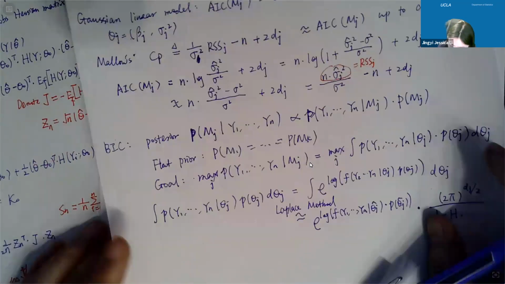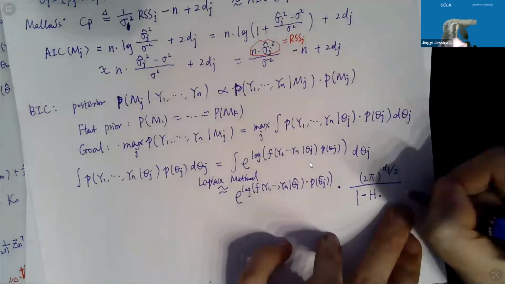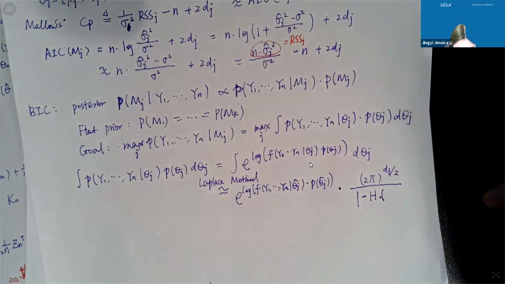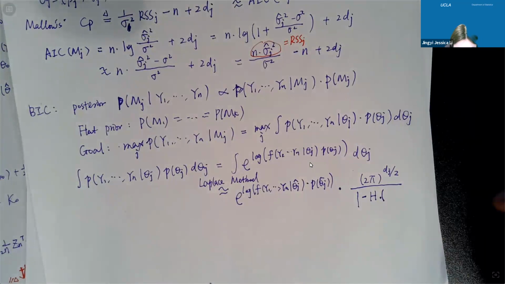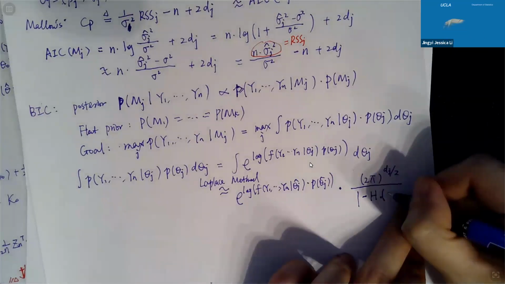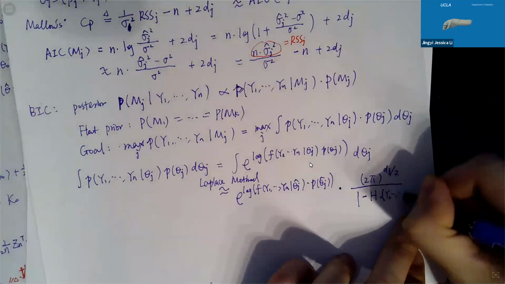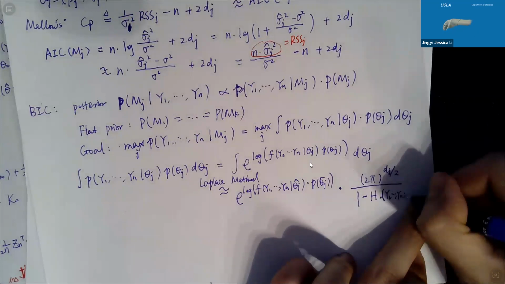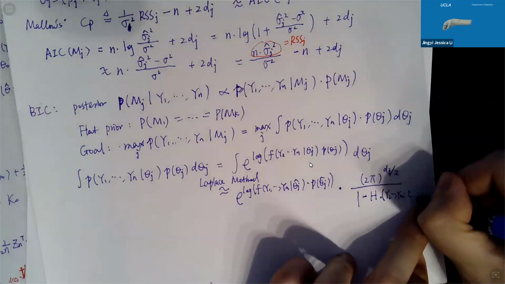So we call the Hessian y. We're going to do the Hessian of, I would say this is not one observation, but it's about n observations. So I'm going to write it as y1 to yn like this, and theta j hat.